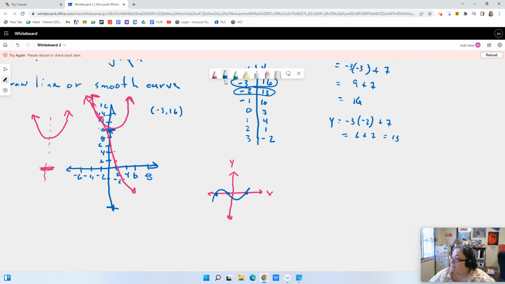Anywhere that it crosses the y-axis, which is only right here on this one, that would be considered a y-intercept. So you can have multiple intercepts, but knowing those intercepts allows us to graph things a little bit better.